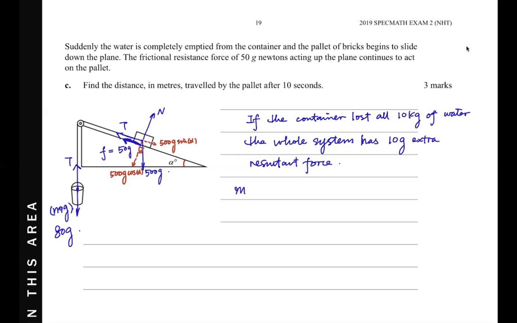Mass, combined mass, I mean, is 80 plus 500, which is 580 kilograms.